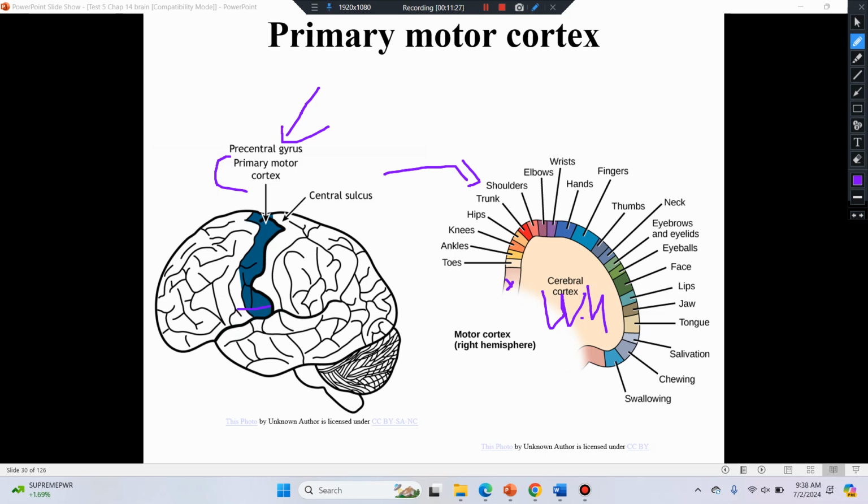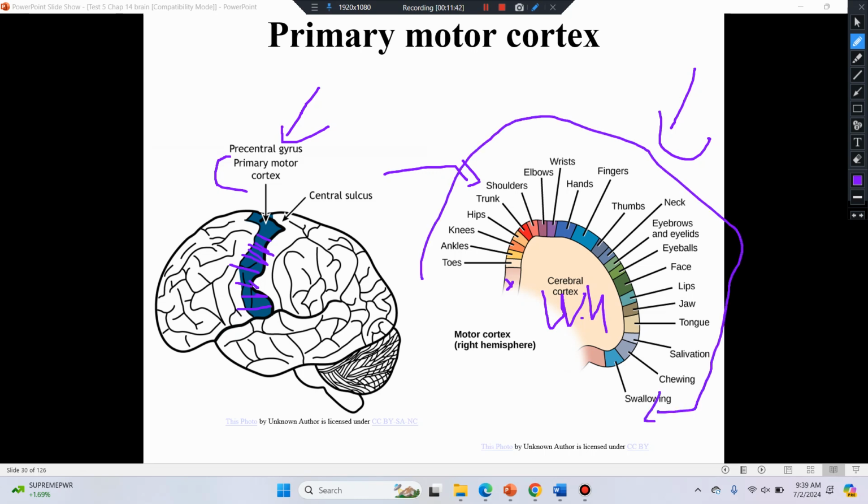And if we look at this, I'm trying to show that from one little section to the next, to the next, to the next, controls different parts of your body. So we could kind of map it, and we call that somatotopy.